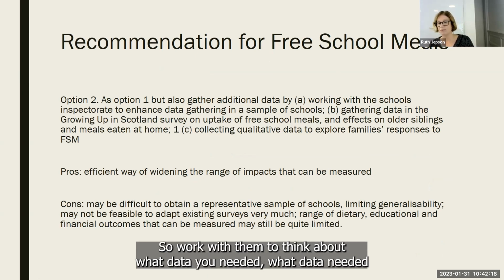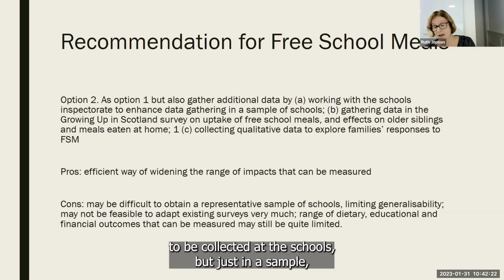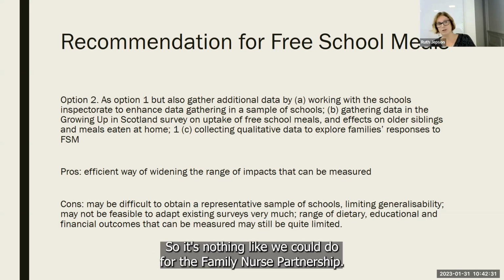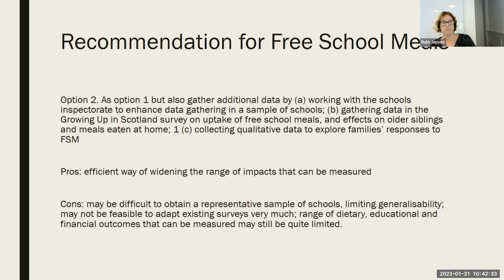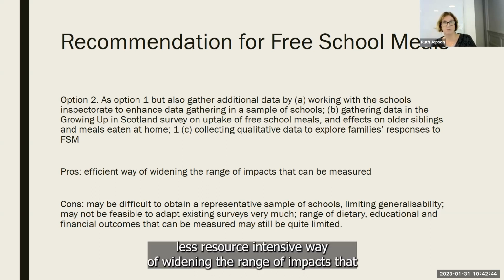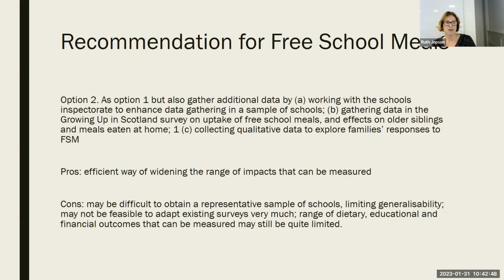So work with them to think about what data needed to be collected at the schools, but just in a sample rather than going out and doing it in all of the schools all at once. So it's nothing like we could do for the Family Nurse Partnership. And then collecting qualitative data, as I said. So we felt that the pros of that was it was a more efficient and probably less resource intensive way of widening the range of impacts that could be measured.